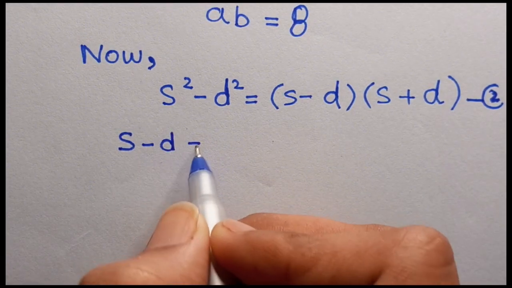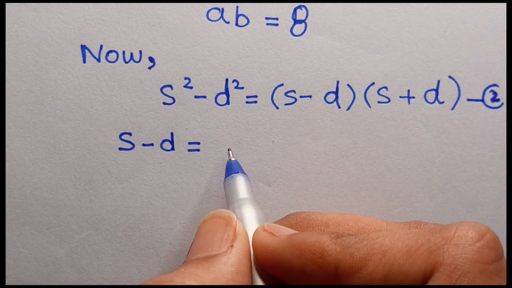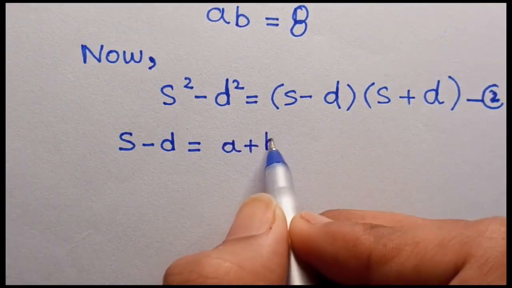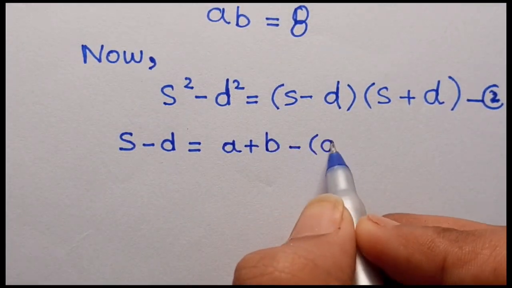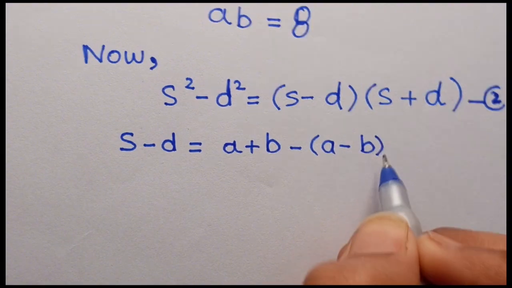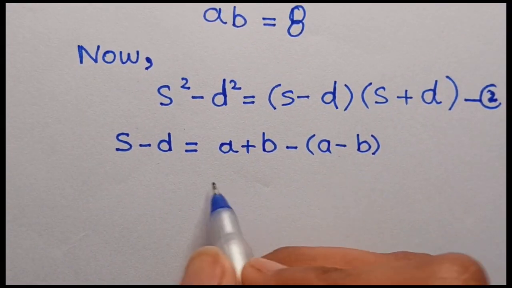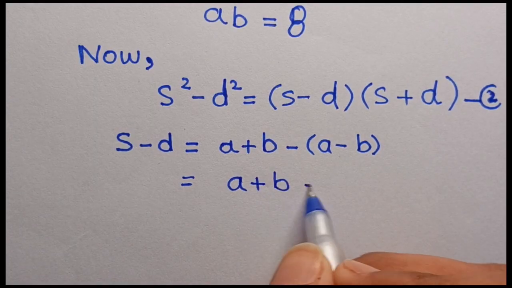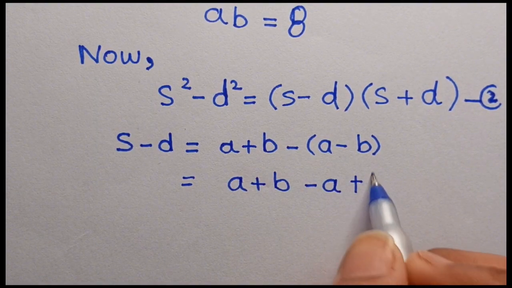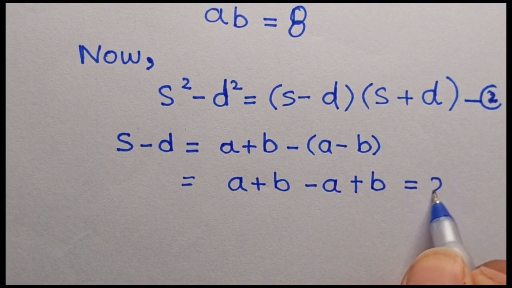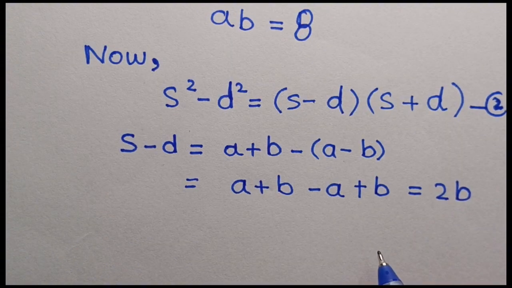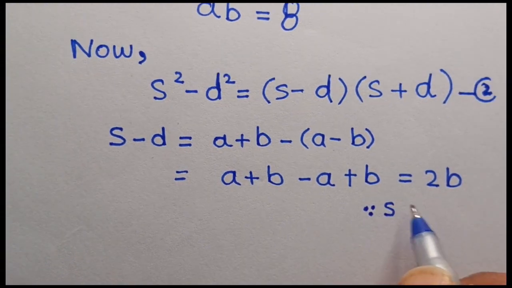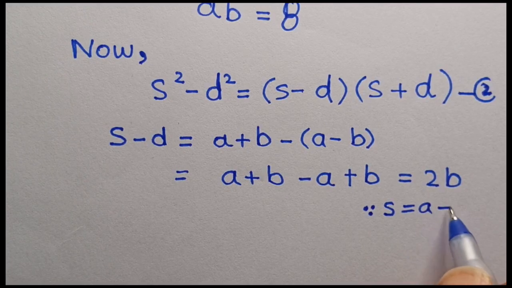S minus d, putting the values, s is equal to a plus b minus a minus b gives the result a plus b minus a plus b, we will get 2b. A and minus a will be cancelled to each other.